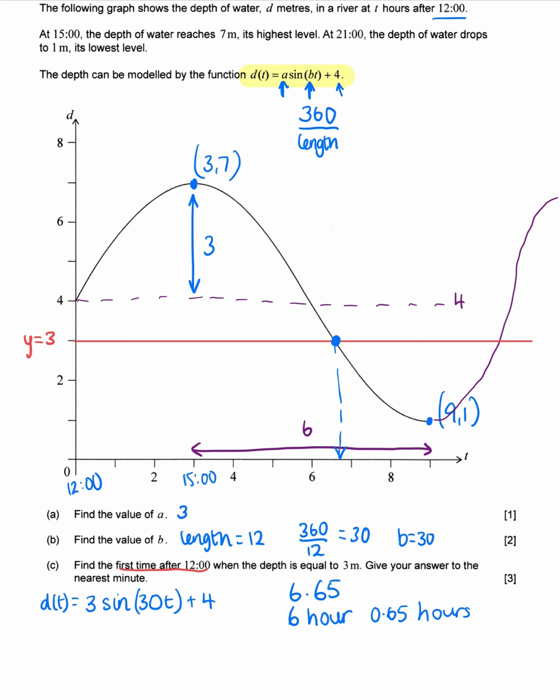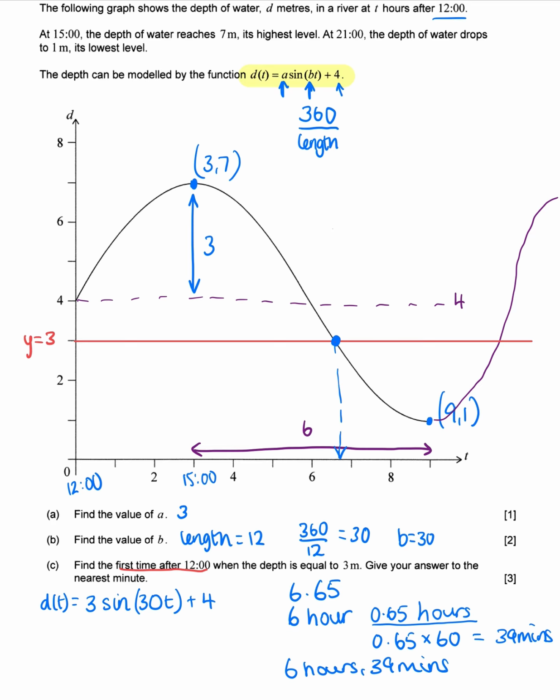So to convert this second part, you need to do 0.65 times 60, because we have 0.65 of 60 minutes, and that gives us 39. So it's 6 hours and 39 minutes to the nearest minute.